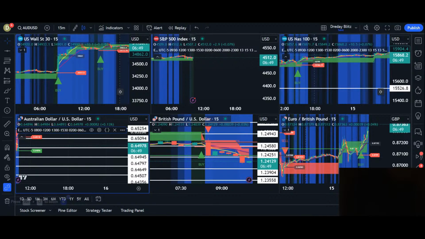Because the plan here is to trade with the trend, right? So not against it.